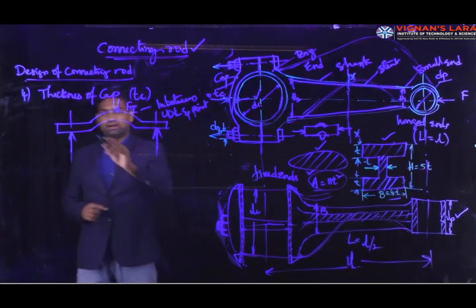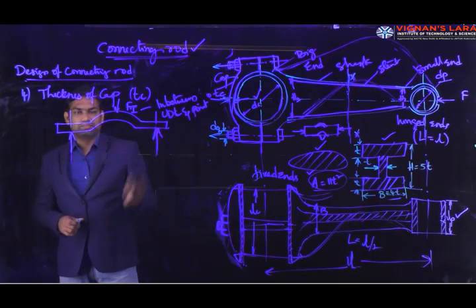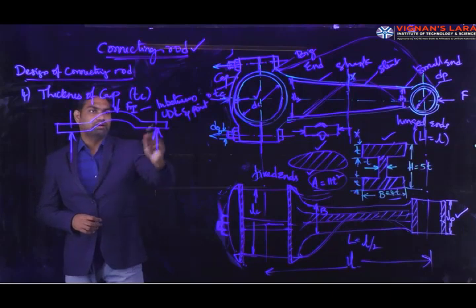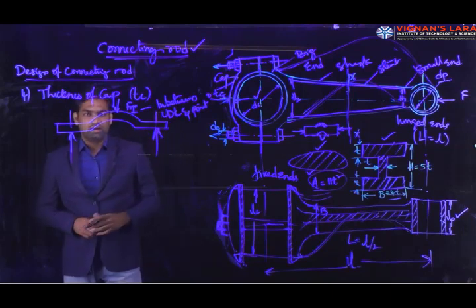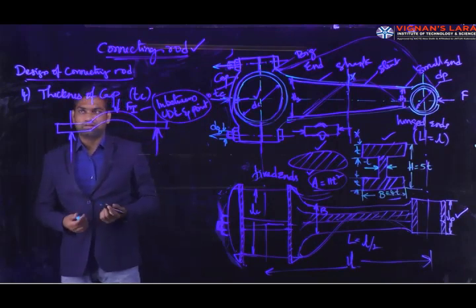So the cap is a simply supported beam, supported at the center of the bolts and loaded with the inertia forces, with the magnitude in between the UDL and the central concentrated load.